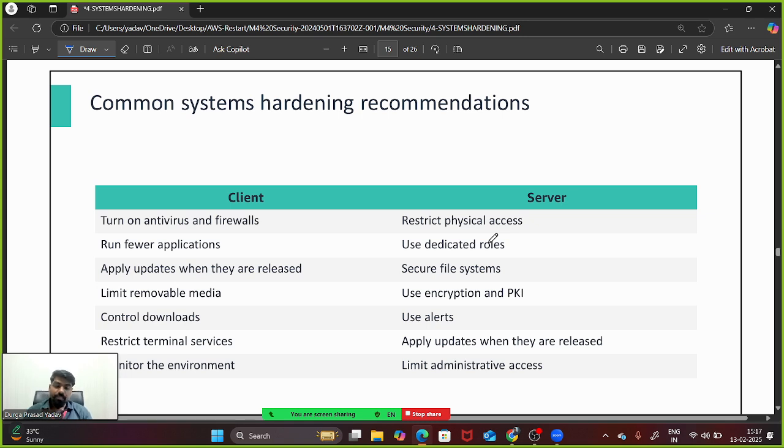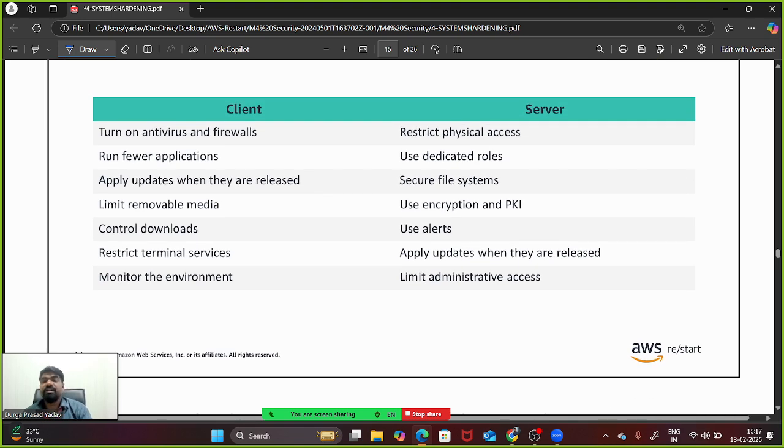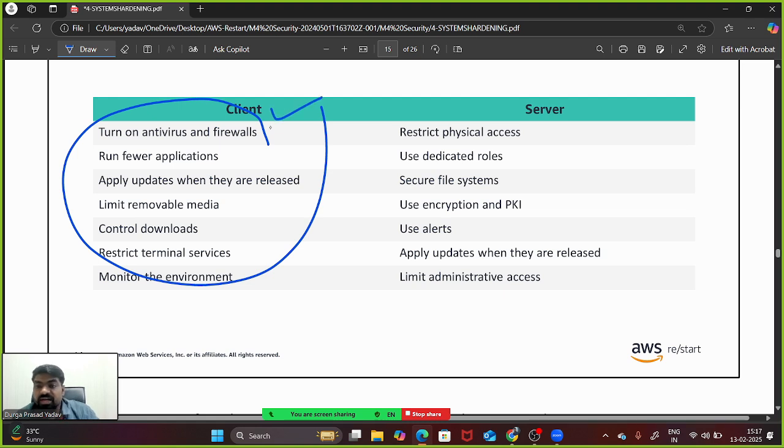Here we will be seeing some different types of systems that can be hardened, and they can be hardened with a few recommendations, meaning a few solutions that have been given. If you follow them, you will be able to protect. Let's say we are talking about the client system. To protect the client system, you need to turn on the antivirus and firewall on the client machine. You will be running fewer applications, not all the applications.